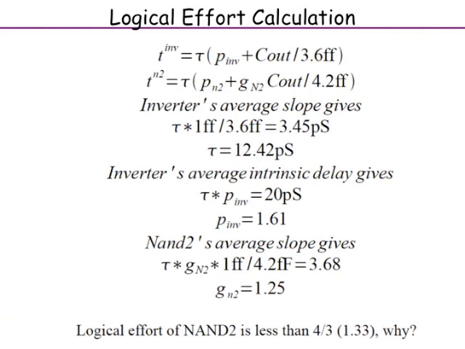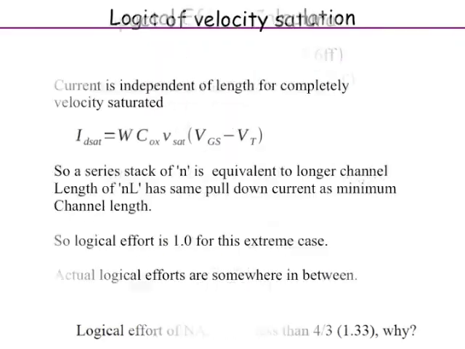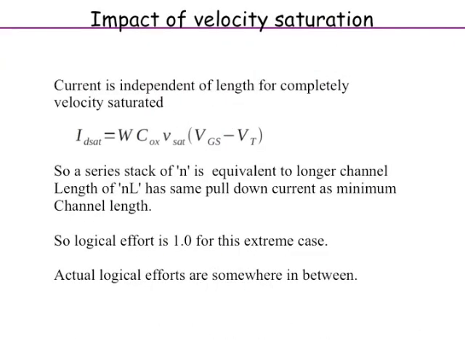But for this gate, at least from the data sheet, it is different. It's less than 1.33, it is 1.25. Why is that? Well, it's because of this velocity saturation. This is something which comes to help you. Normally velocity saturation is bad because you don't get enough drive strength. Instead of the current going quadratically as the gate overdrive, it grows as a factor alpha, which is less than 2.